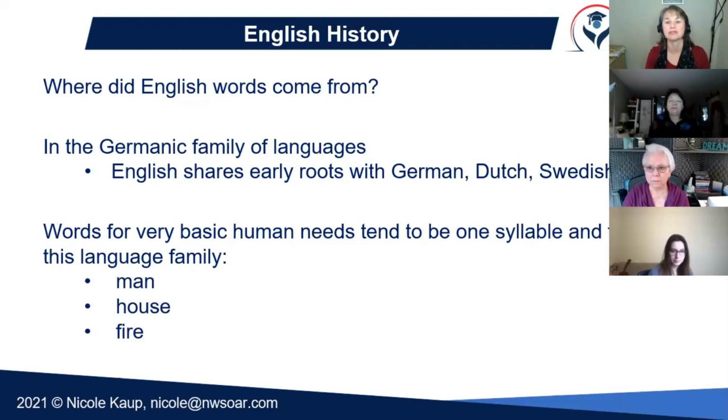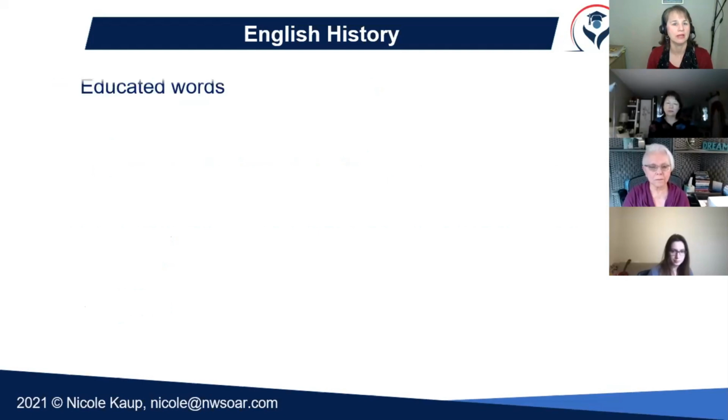They're Germanic based. So if you are familiar with German, Dutch, Swedish, or another Germanic language, you'll see a lot in common there, and you'll recognize a lot of cognates, which are words that are practically the same or very, very similar in a couple of languages. So later on, we get educated words that came into English later in our history.